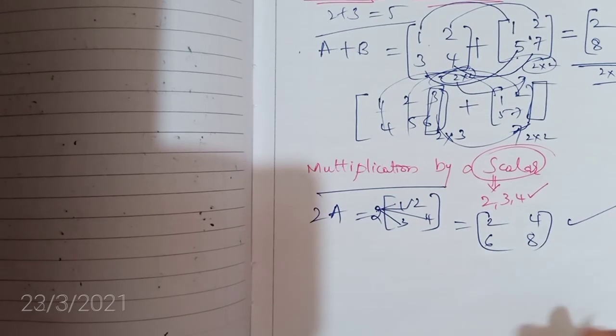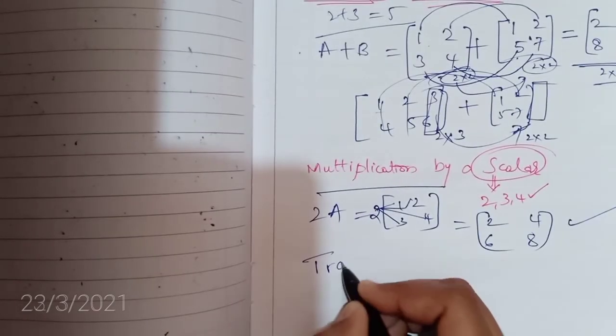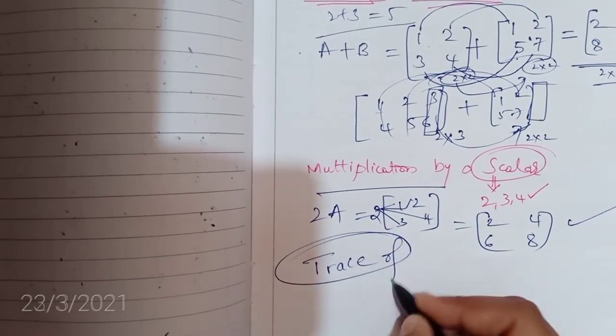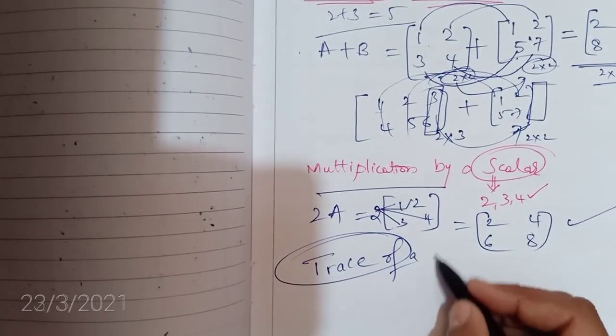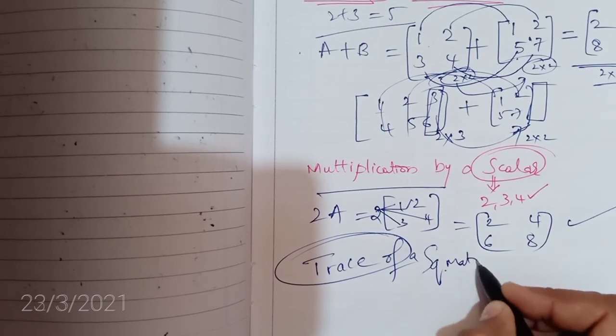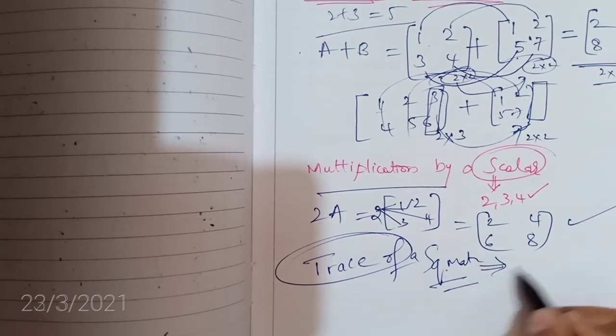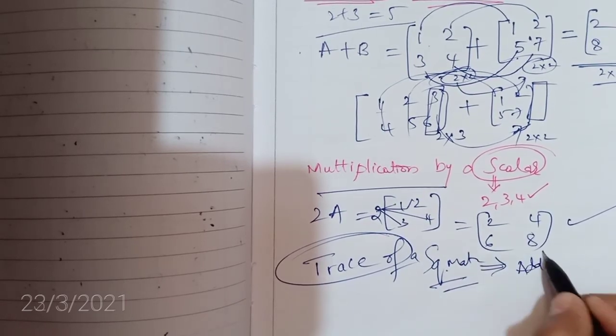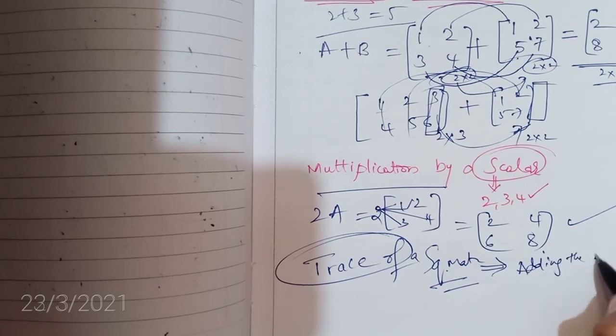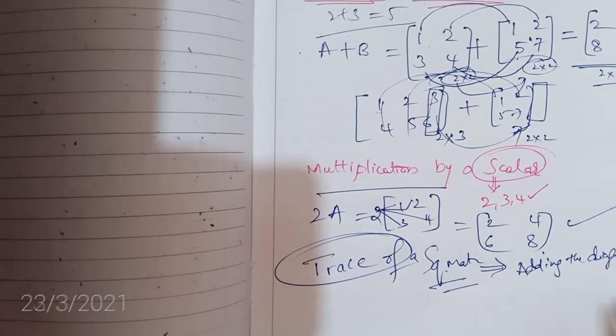Then let me tell you a concept in the same matrix itself, that is the trace of a matrix. That is always for a square matrix. What this means is adding the diagonal elements. That's it.